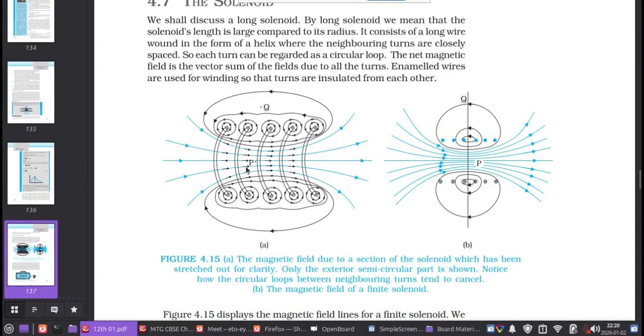This is the solenoid and the magnetic field. Inside it is parallel, but at the edges there may be some deviations, some fluctuations at the ends of the solenoid.